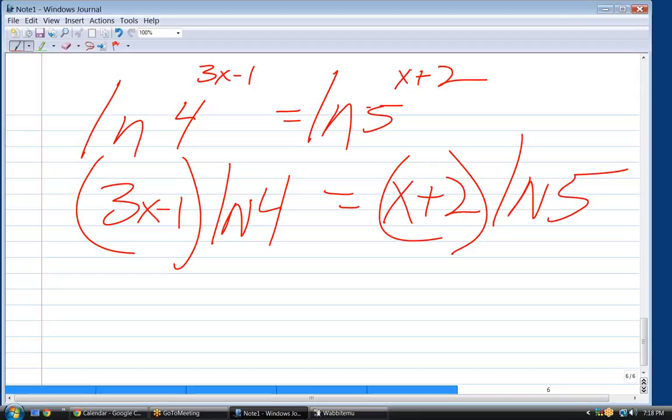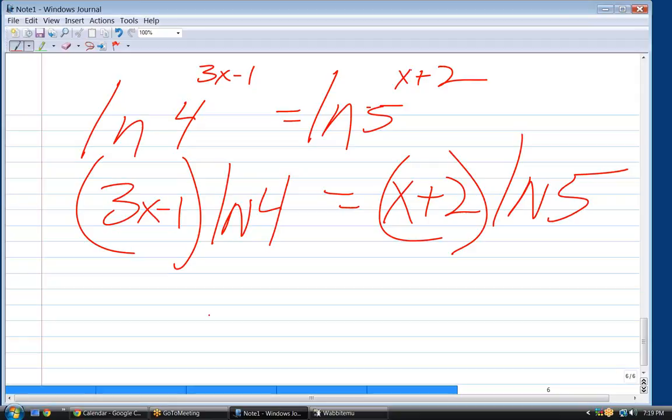Think of these natural logs as numbers. That's what they are. They're not variables. Natural log of 4 is a certain number, so is the natural log of 5. So if I were to replace this with a 17 and this with a 19, what would your next step be? Distribute them.